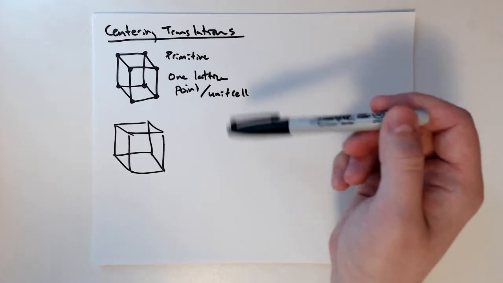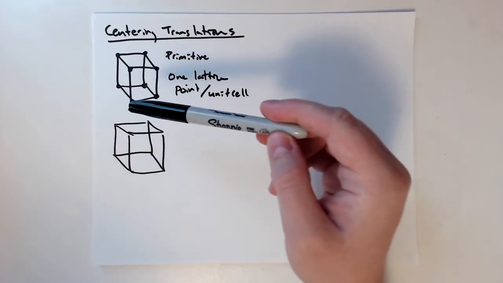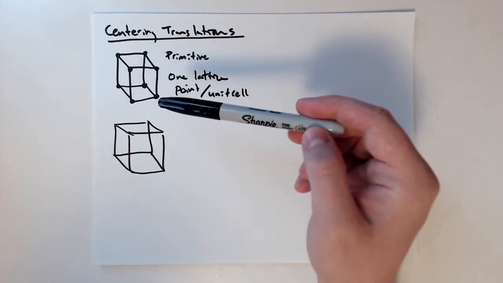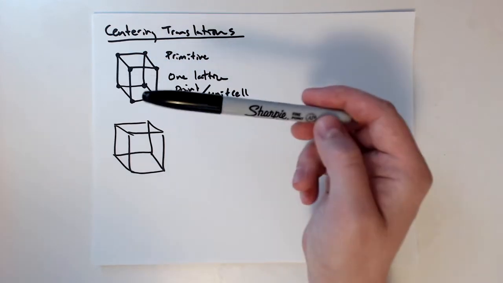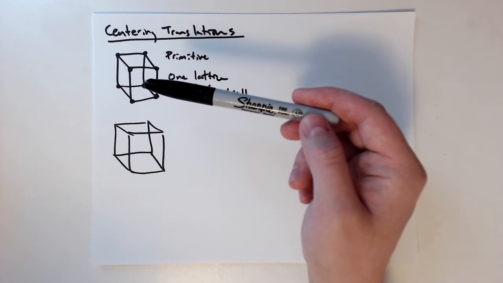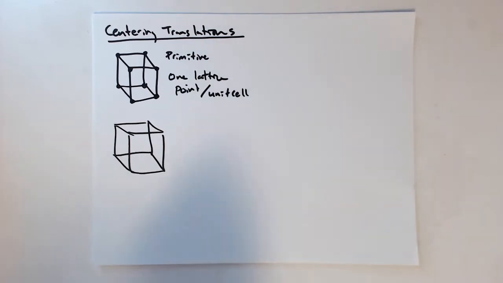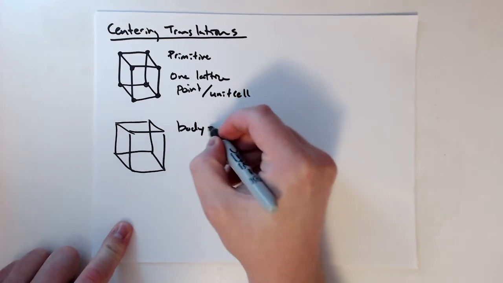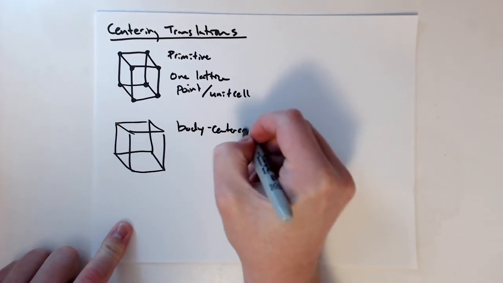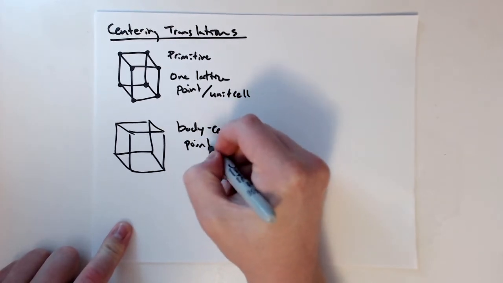Those are going to have lattice points that aren't at integer coordinates like we have here, right? These are all variants of 1, 0, 0, and so they're all at integers. An example is the body-centered point.